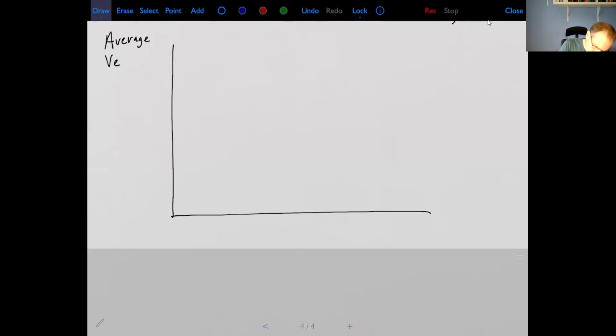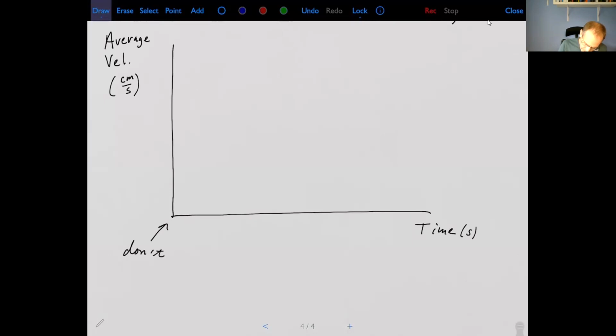Okay, so again, now I'm plotting average velocity, which is in centimeters per second. That's that last column, versus time in seconds. And just to note, remember, this is the one you don't want to include zero. Don't include the origin. Don't include 0, 0. It doesn't make sense to.